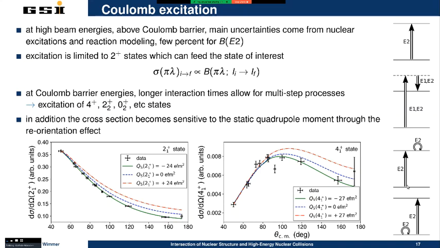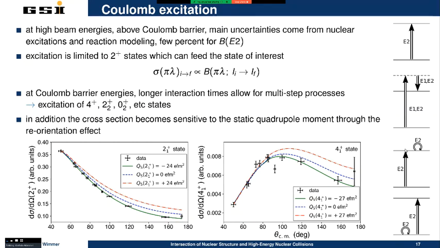But then you also have the case of the so-called reorientation effect, where you excite a state, but then you have an interaction of this state itself and a redistribution of the magnetic substates within it. So this is also a two-step process. And this is actually sensitive to the static quadrupole moment.